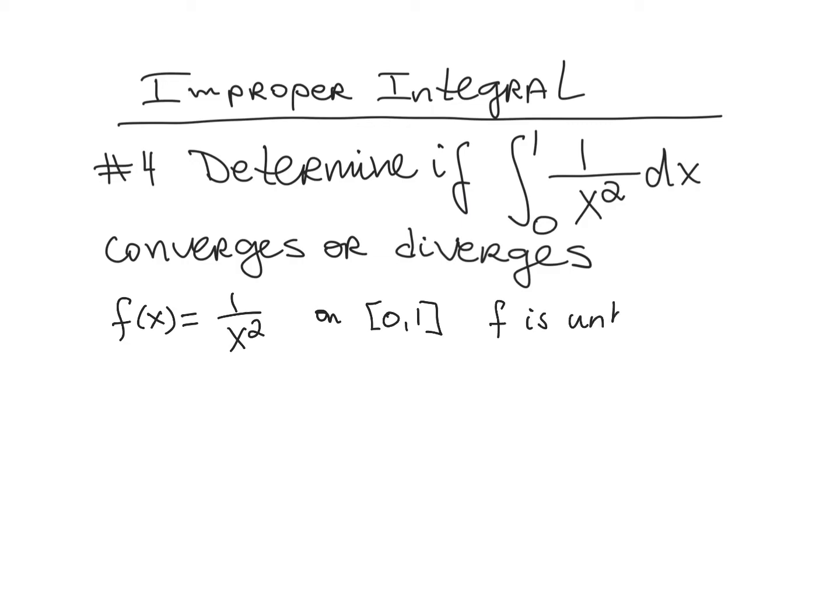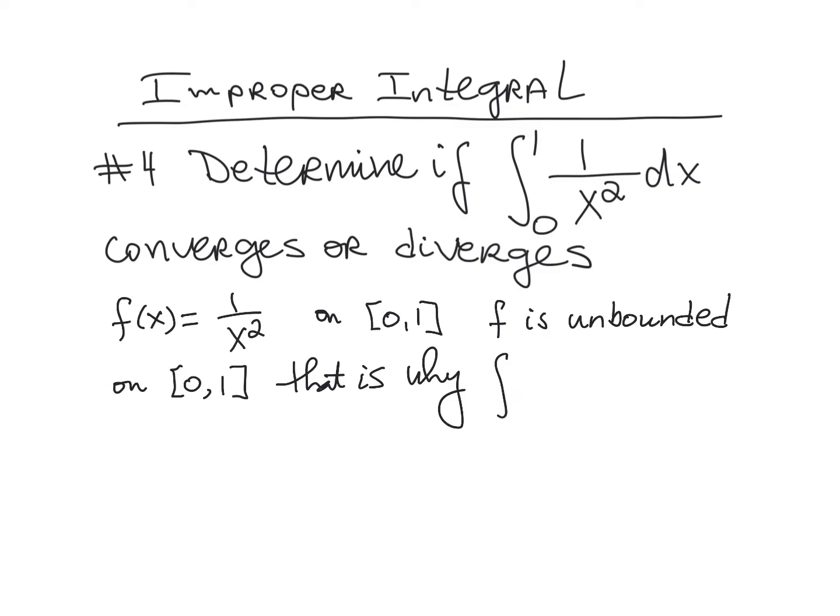And as x approaches 0 from the right, the function is unbounded. The value of the function gets bigger and bigger without bound as x gets closer and closer to 0. That is why this is an improper integral. It needs to be handled that way.